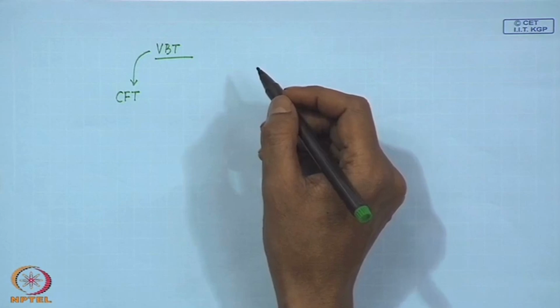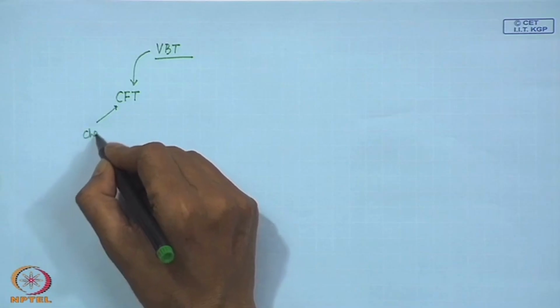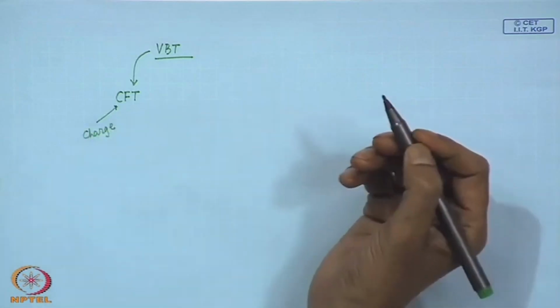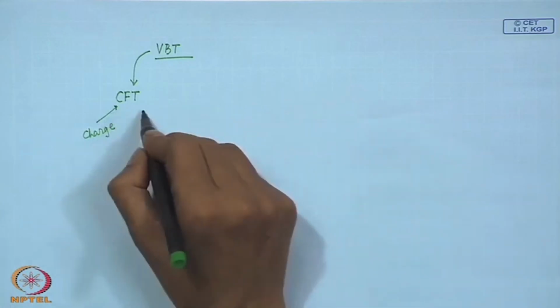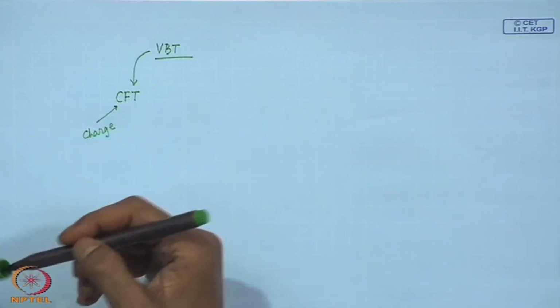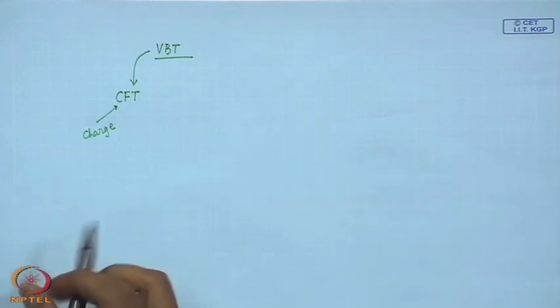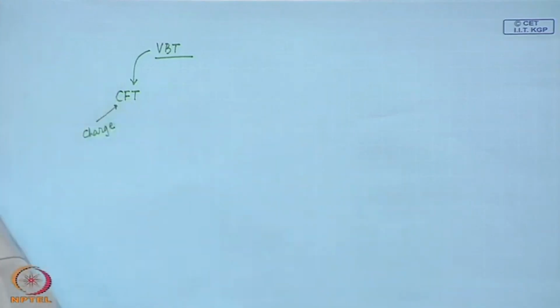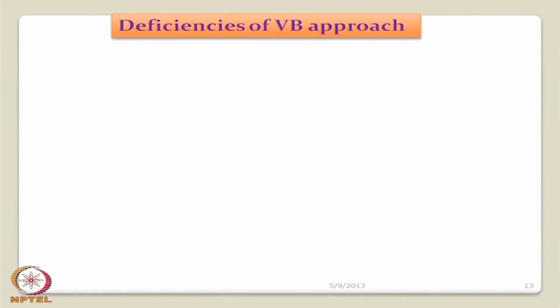We will consider the ligand as a charge, with a charge density, whether it is neutral or anionic, and it gives rise to a crystal field splitting pattern, and that gives the crystal field theory. So there are definitely some deficiencies in the valence bond approach.